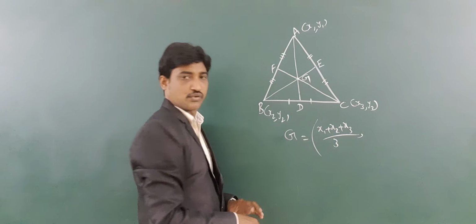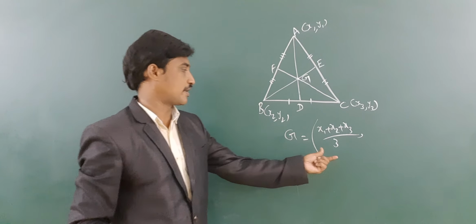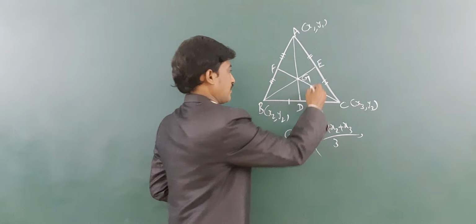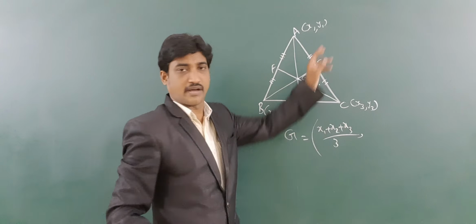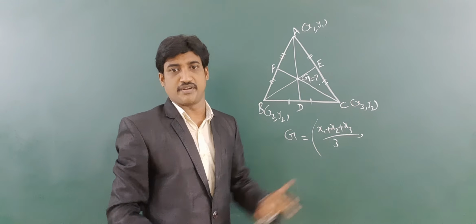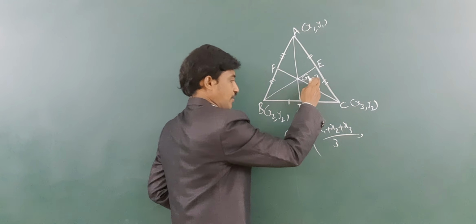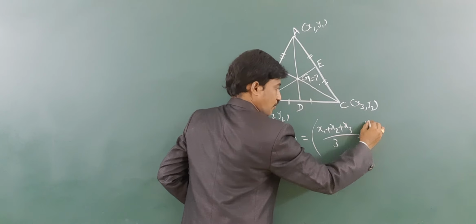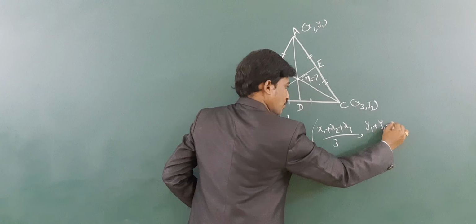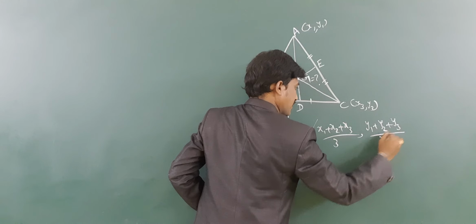Average of the x coordinates, we get the x coordinate of the centroid. By taking the average of y coordinates of these three vertices, we get the y coordinate of centroid: y1 plus y2 plus y3 by 3.